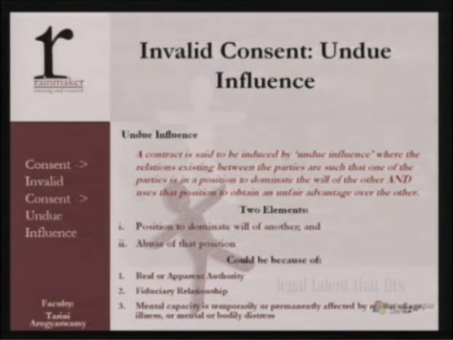This could be a situation involving authority, people with authority, fiduciary relationships, or if the person's mental capacity is temporarily or permanently affected by reason of illness, mental or bodily distress.